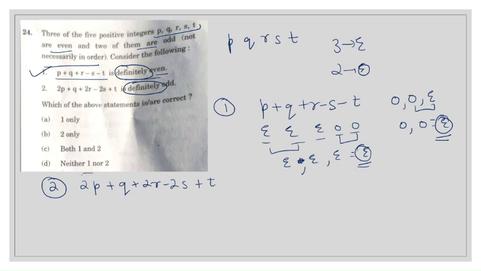So see, one case will be these numbers will definitely be even, right? These numbers means 2p, 2r and 2s. I'm not talking about separately p, r and s, but after multiplying the result that we get will definitely be even.